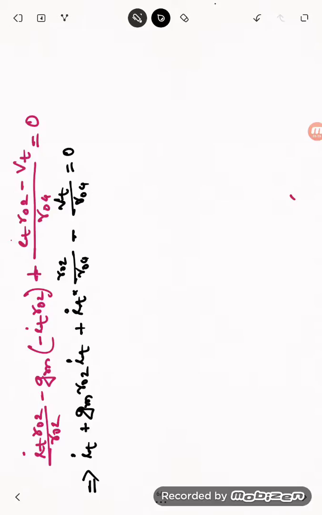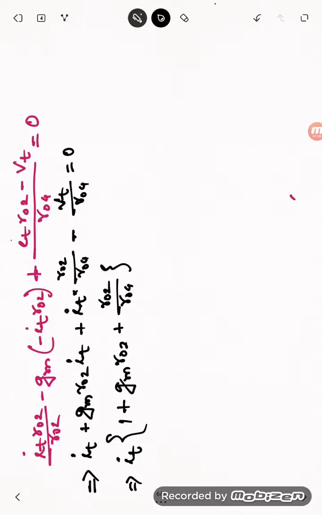Finally, if I collect all the IT terms and Vt terms, IT times 1 plus gm R2 plus R2 over R04 equals Vt over R04.